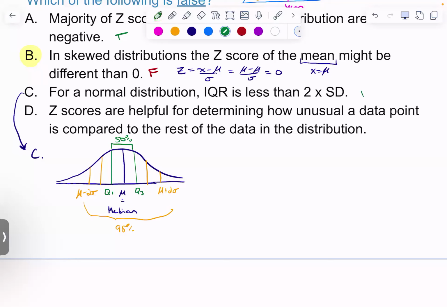That's true. That one's worded kind of strangely. It should be plus minus 2 standard deviations. It would still be true even if it said within 1 standard deviation, because then it would be the central 68%, which is still more than 50%.